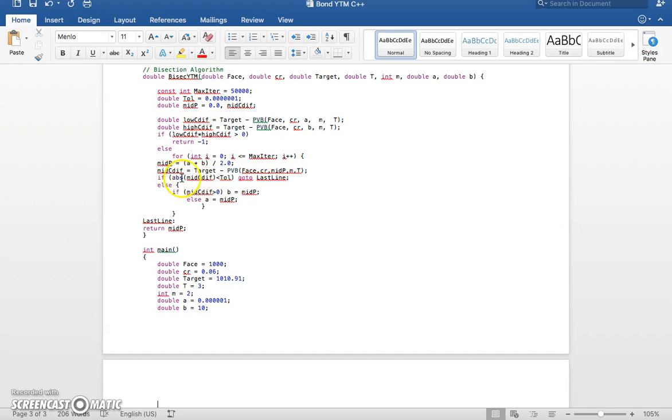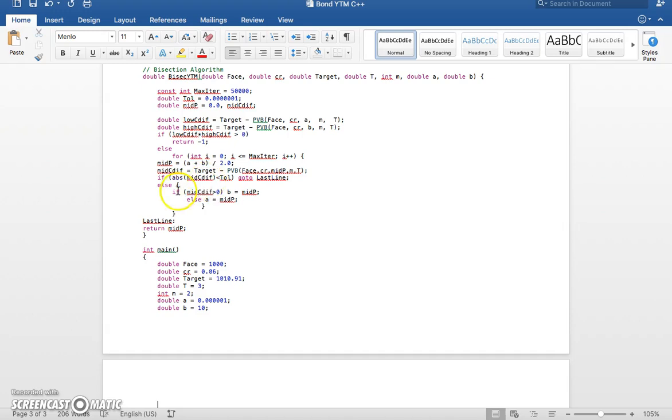So if the absolute value here, the difference between the market price and the present value, which is calling up the loop function we had before, if we have a very high rate of interest, then the difference between the target value and the PVB will probably be very high. And if the absolute value of this is less than the tolerance, then we should go straight to just returning the average of those two values as the midpoint.